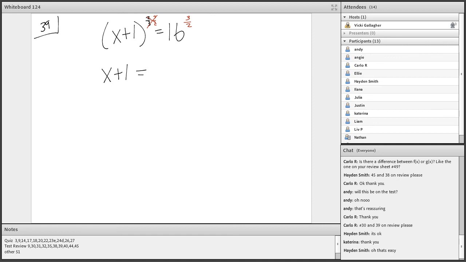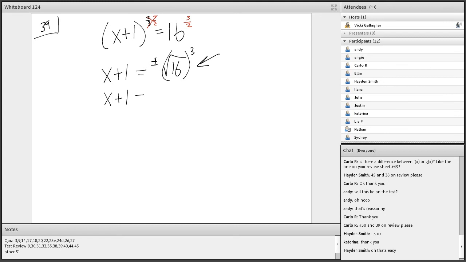Now, when I change this to a radical, it turns into a square root. And as we learned in first semester, when you are solving an equation, if you choose to put a square root in a problem, you must have a plus or minus symbol in front of it. Since this side turned into a square root, I need a plus or minus sign, a positive option and a negative option.